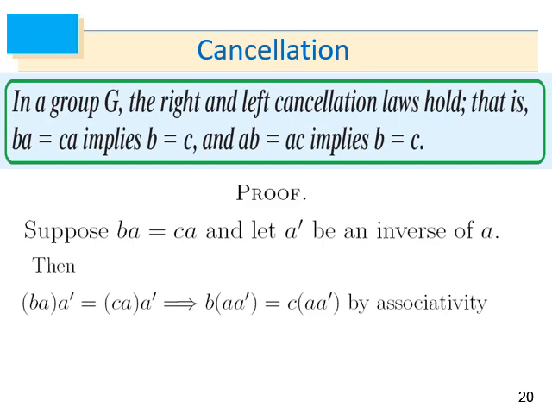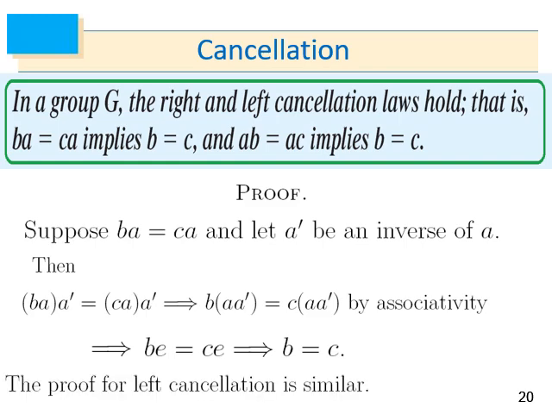We use the associativity: b·(a·a') equals c·(a·a'). And a·a' is the identity by the associativity. So we have b·e equals c·e, and e is the identity element. Then we have b equals c. The proof of the left cancellation is similar.